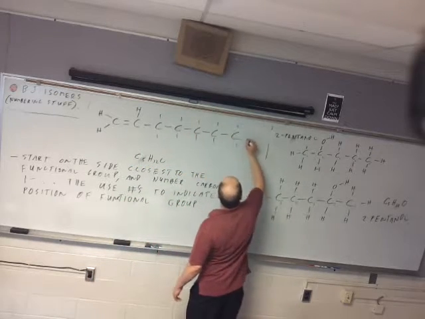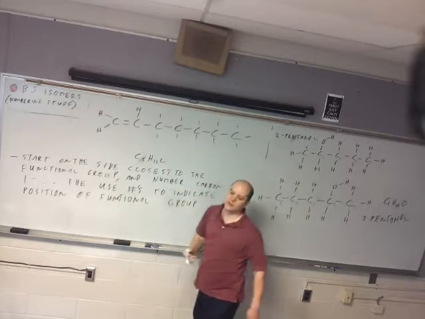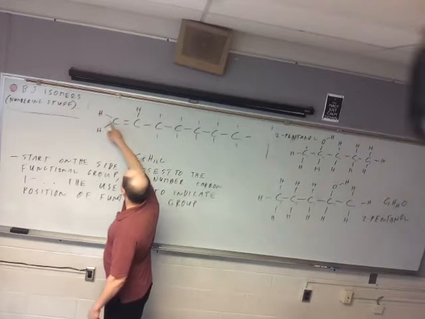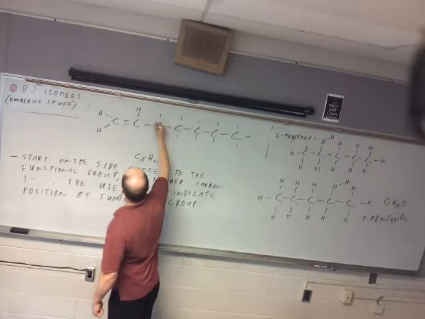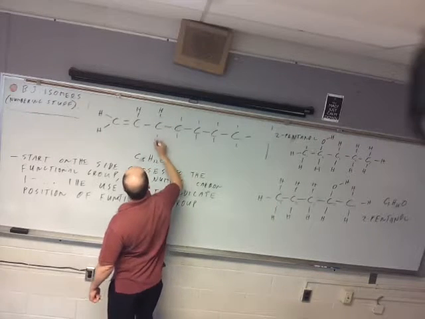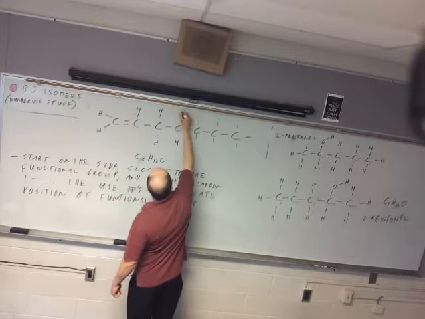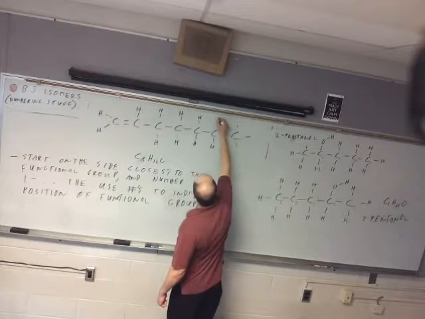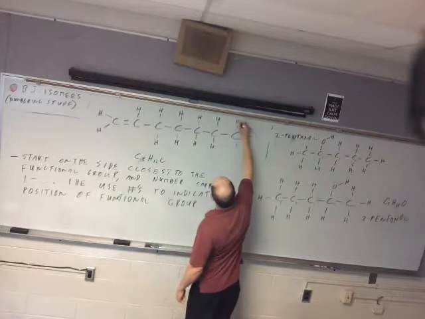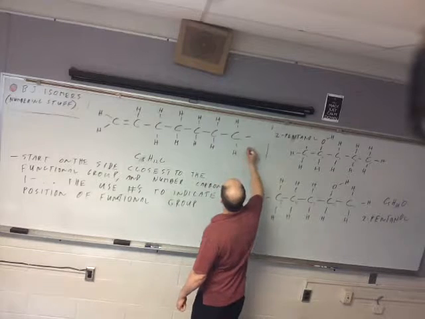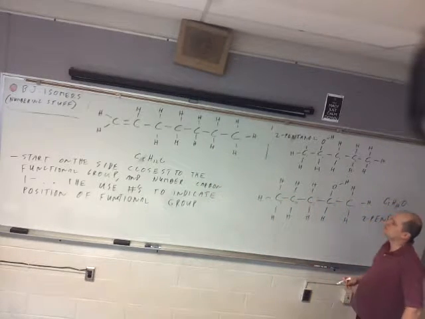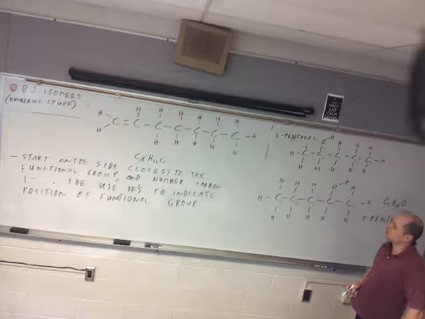So if anybody missed any days recently, remember every carbon gets 4 bonds, right? So this one already had 2, so we put 2 hydrogens. This one already had 3, so we put 1, and so on. Every carbon should have 4 little lines attached to it. Is it possible for 2 carbons to have 4 connected? Quadruple bonds? I've never seen it. So I don't think so. I can't say for sure it's impossible.